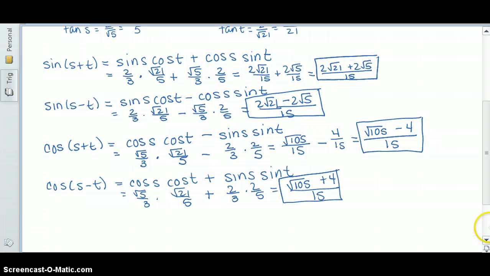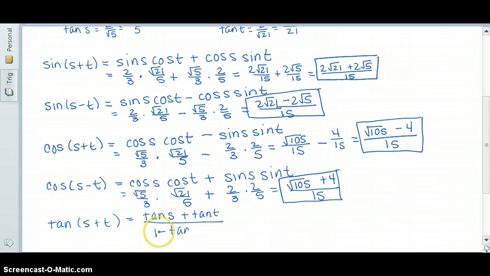Okay. To do tangent of s plus t, the identity says it's tangent of s plus tangent of t over 1 minus tangent of s times the tangent of t.